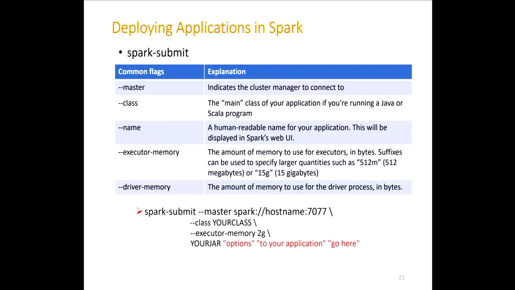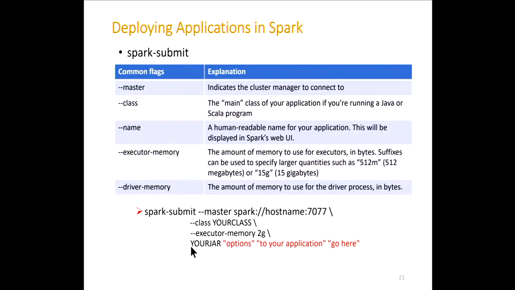As an example, here you say spark-submit. The master is, I have a Spark cluster, so I provide the URL for the Spark cluster. And then the class that I want to run is WordCount. And the executor memory should be 2 gigabytes.